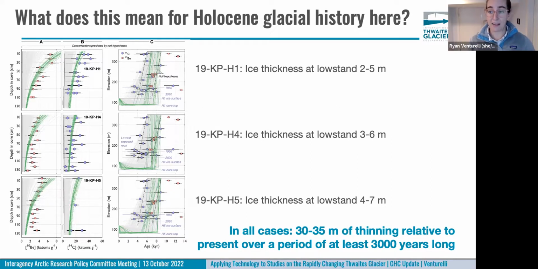So to bring this back to that time gap, this tells us that ice continued deglaciating at Thwaites Glacier for several thousand years after we originally thought, because of that surface exposure record, and recovered sometime in the recent geologic past.